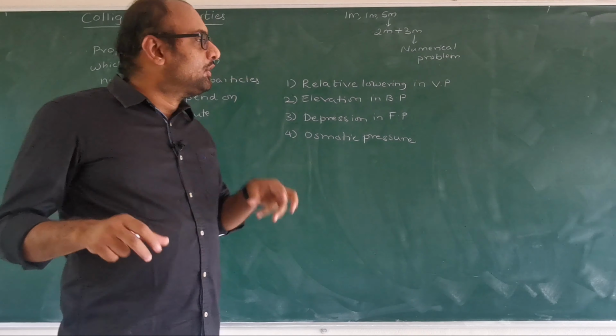Now let us start with the first one, relative lowering in vapor pressure. Why is there lowering in vapor pressure of the solutions? So the first colligative property is relative lowering in vapor pressure of the solution.